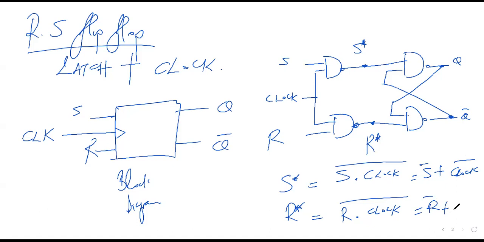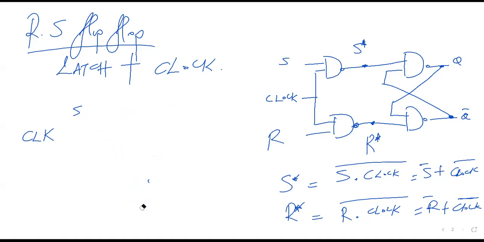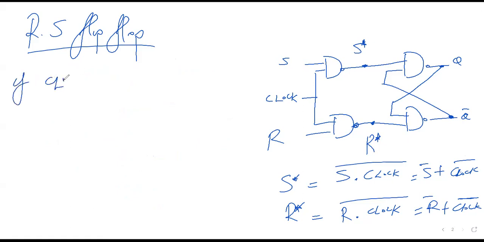Yes, and R star is R bar plus clock bar. Now, if the clock is 0, what happens? What is S star? If clock is equal to 0, what is S star? What is R star?